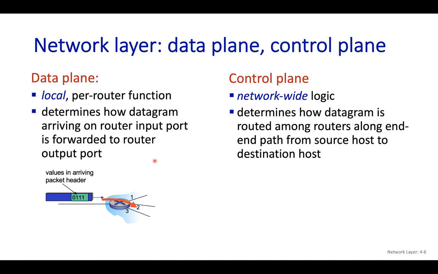When the datagram arrives, based on the information in the header, it determines how the datagram goes from the router input port to the router's output port. We will give you the idea of IP headers, but generally there is, for example, 0, 1, 1, 1 to determine whether you're going to output 1, 2, or 3. 0, 1, 1 could be part of the IP address.